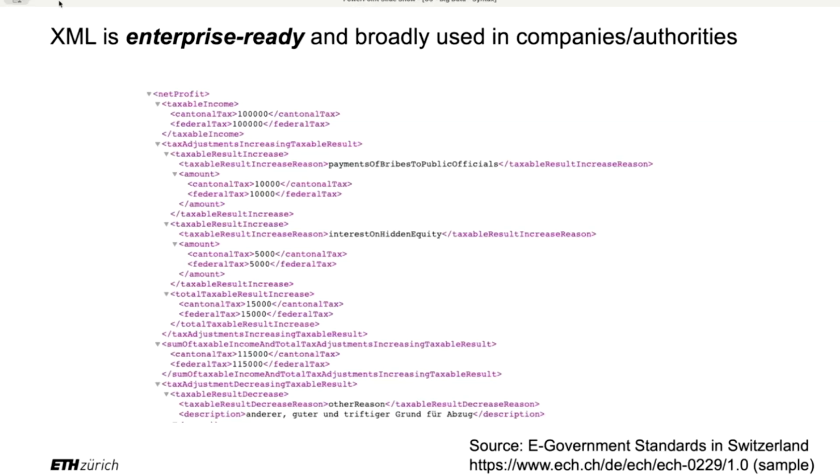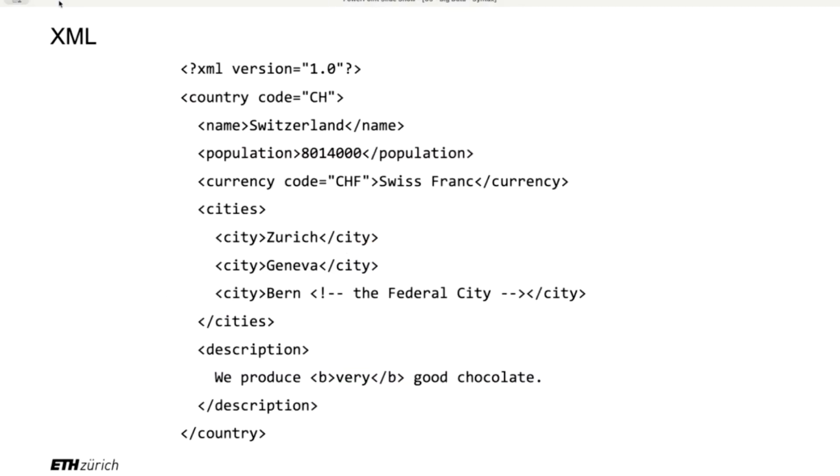So this is ech.ch, a government standard website where a lot of the XML schemas are in there. It's actually pretty good for looking at XML schemas examples. And as you can see on the slide, they have also a pretty good sense of humor when it comes to providing samples. All right, so this is XML.